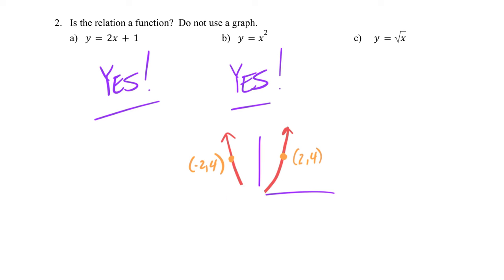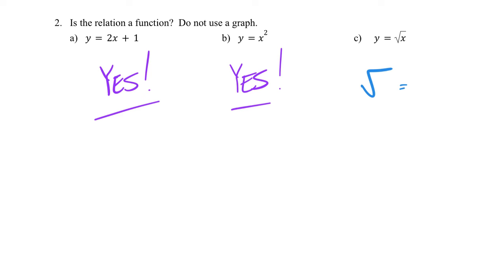Okay, I want to jump into C. C is one where we may be tempted to say, okay, if I pick an x value and I sub it in, and now I take the square root of it, can I get multiple answers? We may be tempted to say, yes, you can. You can get multiple answers because I know when I take the square root, that means a plus or a minus.